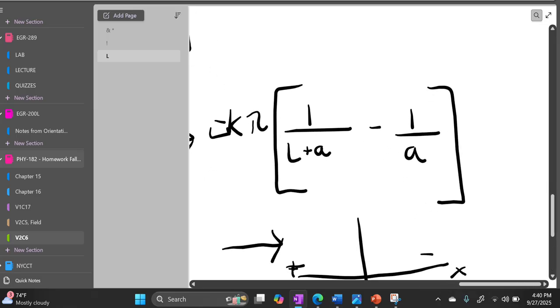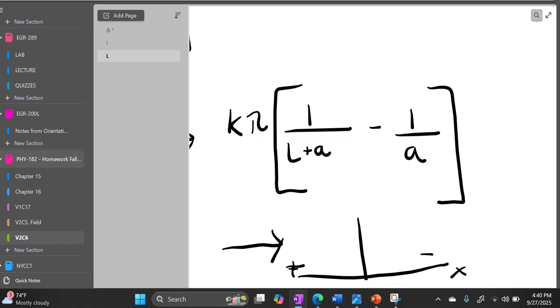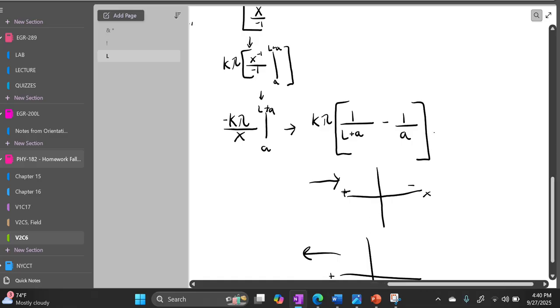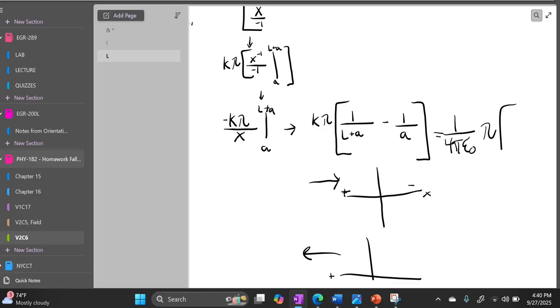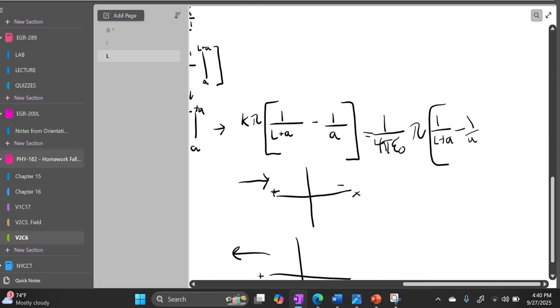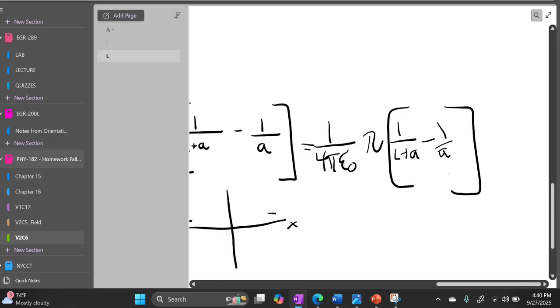So really don't worry about the sign. We're looking at a magnitude, and the sign is decided by what type of charge, positive or negative, you have on the line charge. But this is the same as writing that answer: 1 over 4 pi epsilon naught, lambda, times 1 over L plus a minus 1 over a. So that's that problem. It's a little weird, but if anyone has further questions, please let me know.